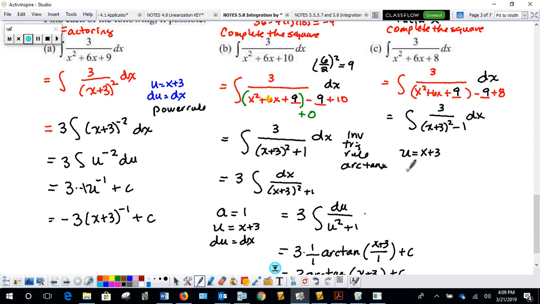So we'll try a u substitution. du is going to equal dx. So up here, in terms of substituting, I'm going to pull the 3 out as a constant. I'm going to have 1 over u squared minus 1, and then du.